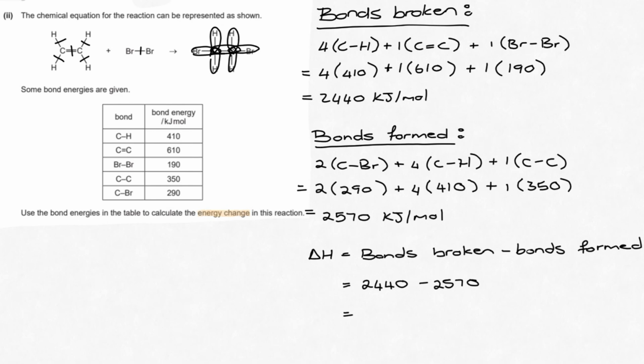Now if I work out this difference, I get a difference of negative 130 kilojoules per mole. Now remember, as a side note, this little negative here means that my reaction is exothermic.